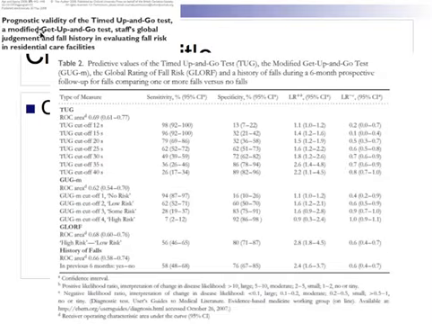But now let's look at this study, which is applying that same timed up and go test to a different group of people. Here we have prognostic validity of the timed up and go test, a modified get up and go, so another test, and some other ones in residential care facilities. So a different sample, and they're thinking, okay, this timing is going to be good, so we'll look at different cutoff values: 12 seconds, 15, 20, 25, 30, 35, and 40.